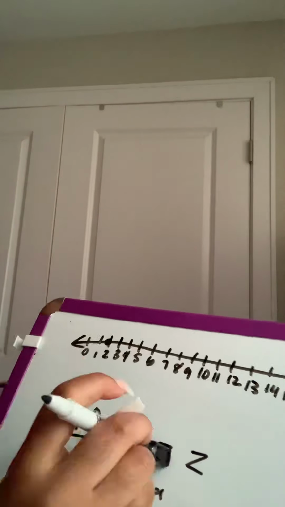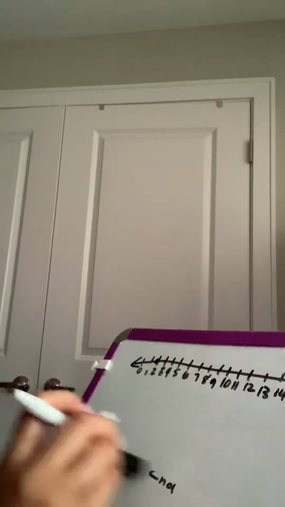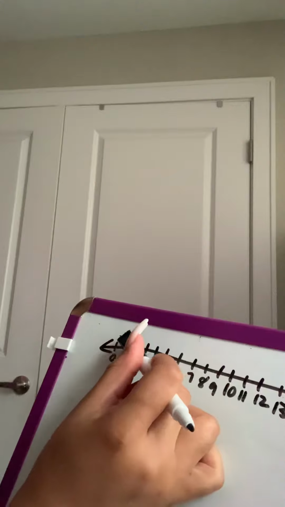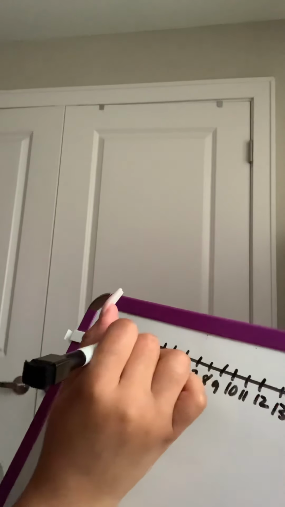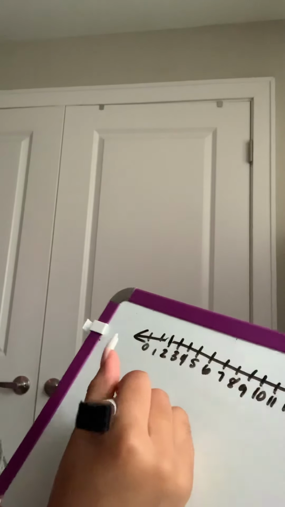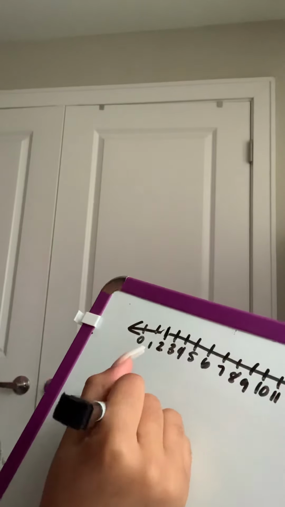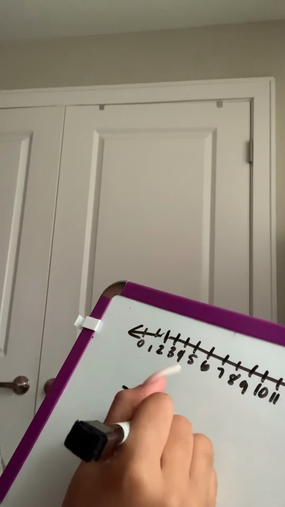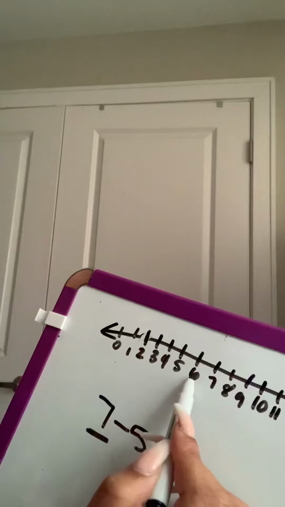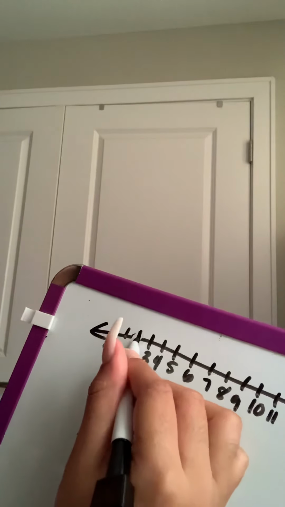Okay, let's do one more subtraction. Okay, so we have 7 minus 5 today, and we're going to start with the base number. So 7, and you're going to go back 5 spaces. 1, 2, 3, 4, 5, and that's 2. So 2 is your answer. Okay.